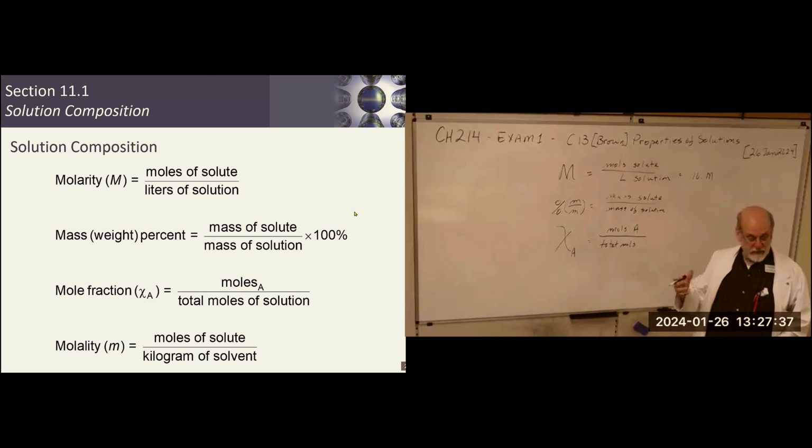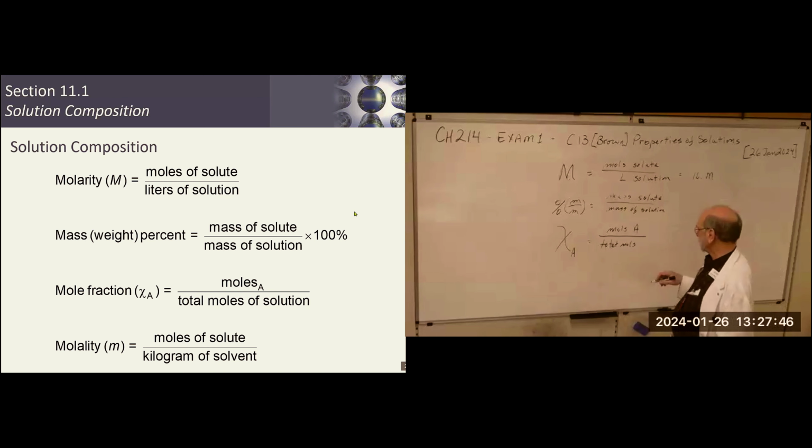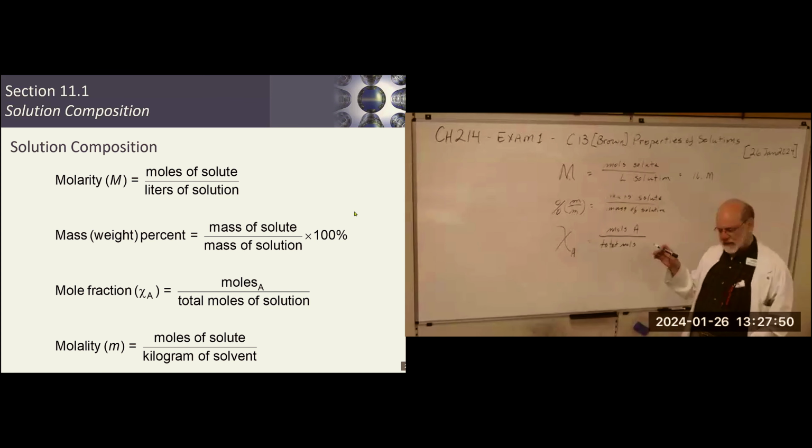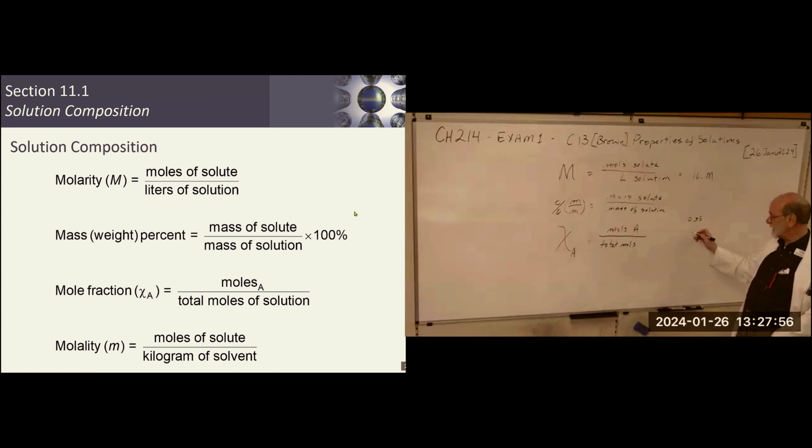And that's going to be a value less than 1. I mean, if it's 1, that means you don't have a solution, because you've got all A. So if we have A and B mixed together, and we say mole fraction of A is 0.35, then automatically the mole fraction of B is 0.65.